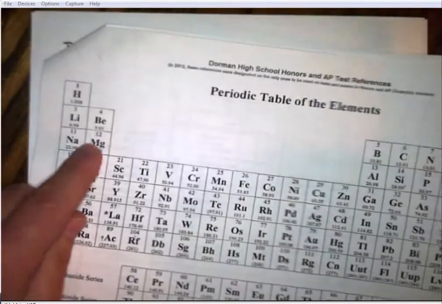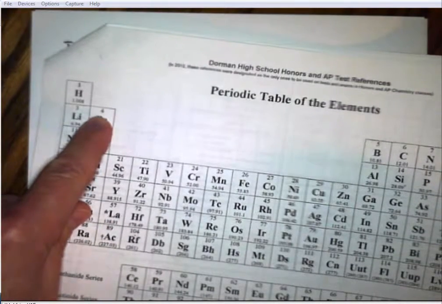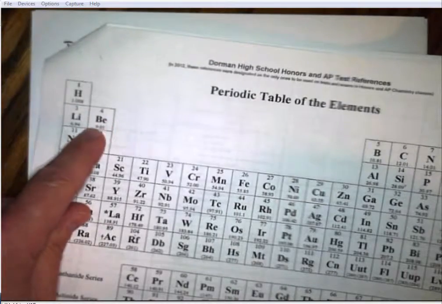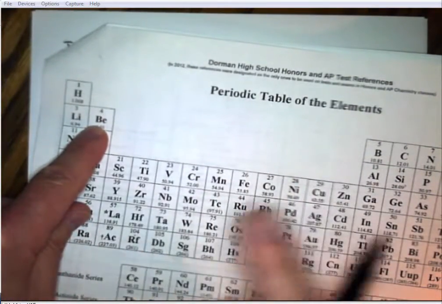Now, if I have an atom that gives up electrons, it gains a positive charge. Here's the reason why. An atom is neutrally charged. So let's look at beryllium as an example. Beryllium has 4 protons and also has 4 electrons if it's a beryllium atom. Okay? Protons are positive, electrons are negative, so a beryllium atom has all the positive and negative charges canceling each other out.